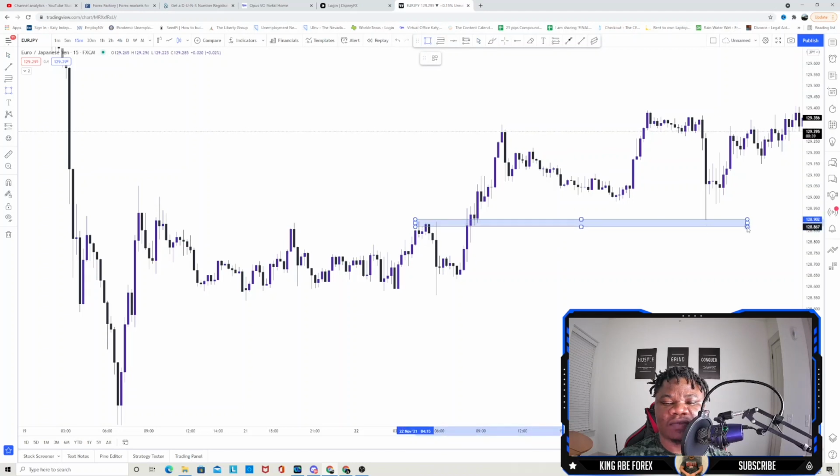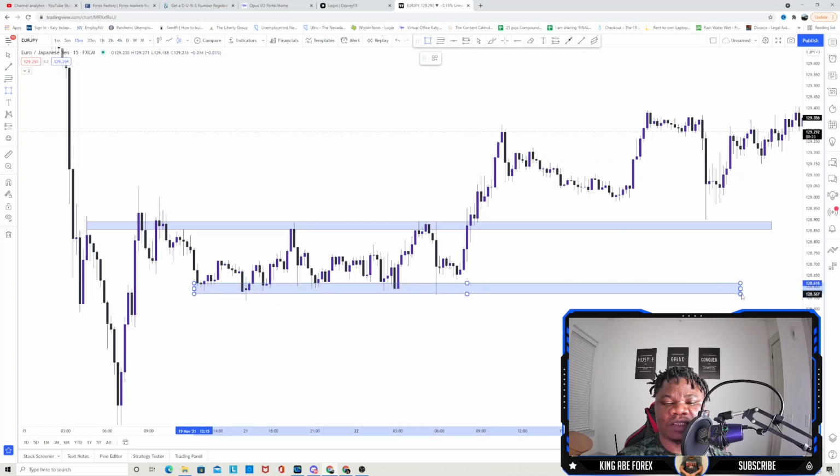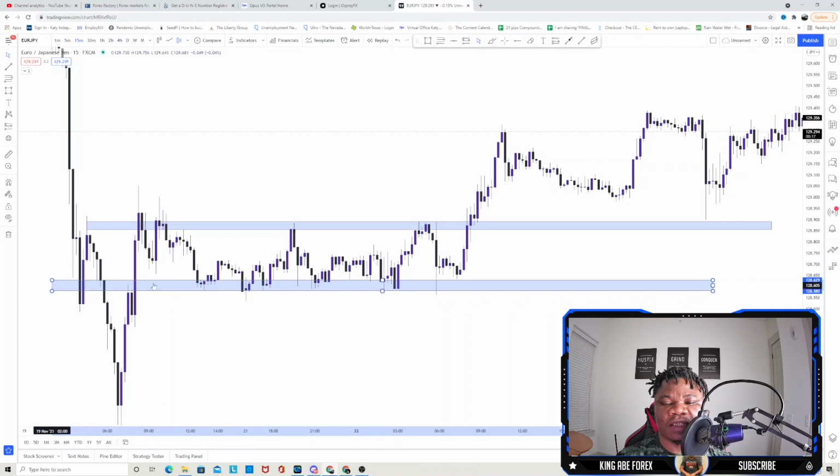We have our previous high right over here, and we have our previous low right over here. We can clearly see that the market was consolidating for a while, looking at this zone.